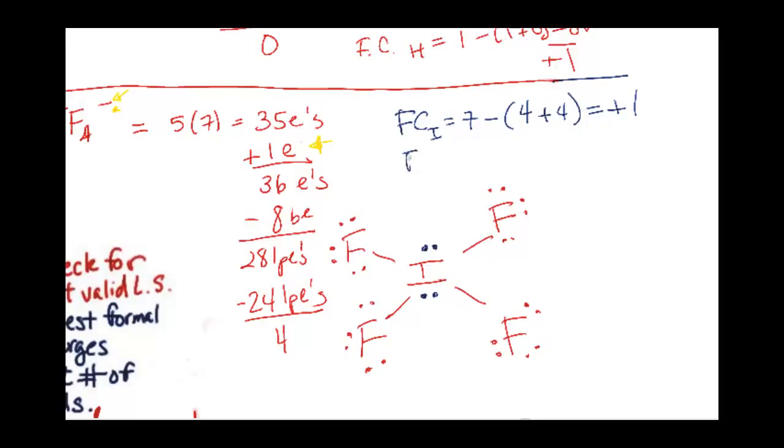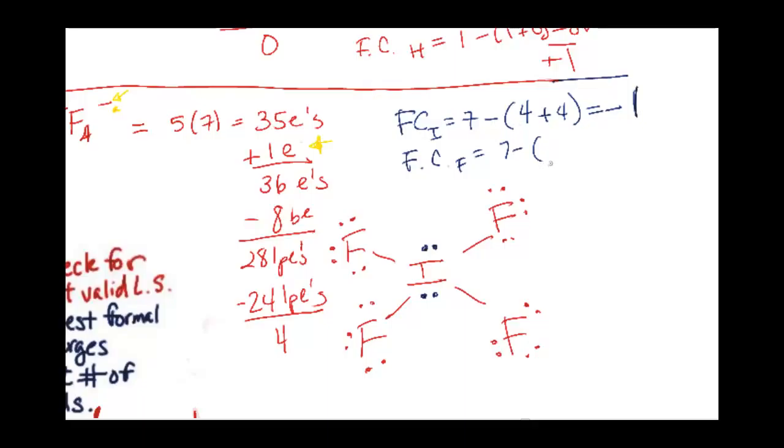Right, indeed. And then the formal charge for fluorine would be 7 minus, oops, I just realized I can't subtract. This is what happens when you wake up at 5 a.m. and start making videos. 7 minus 8 is -1, not a +1.